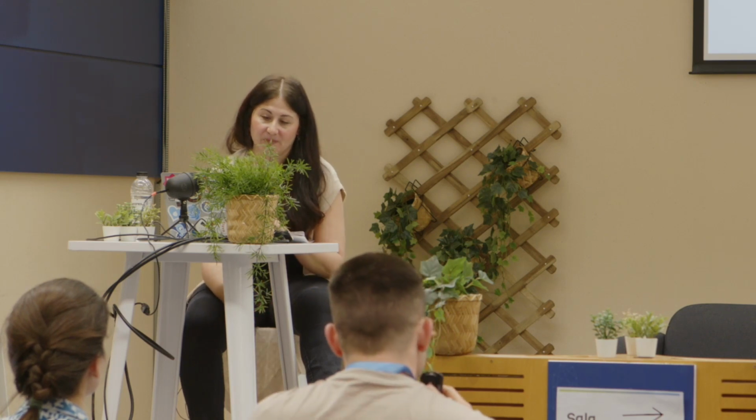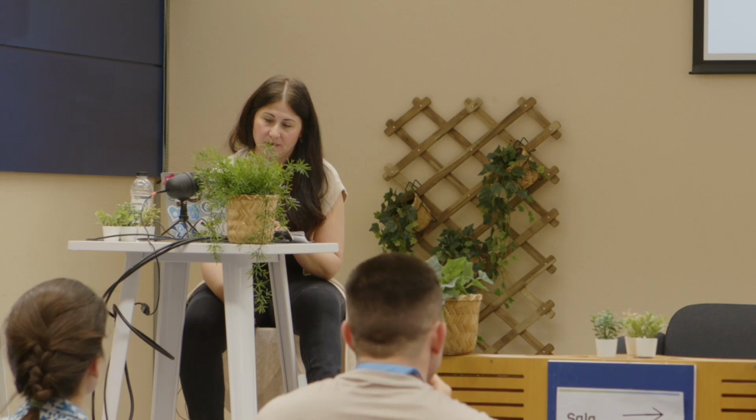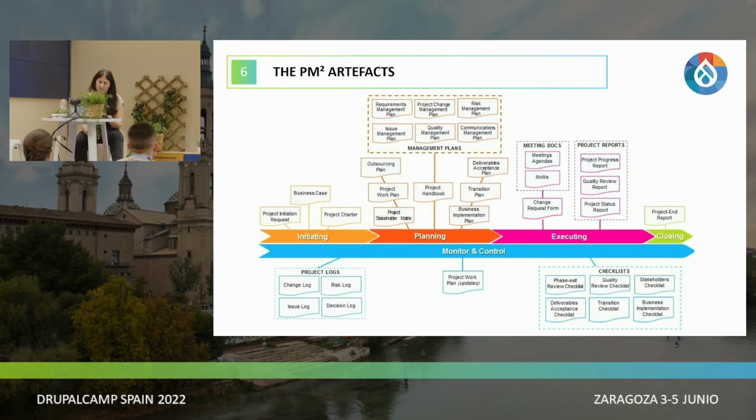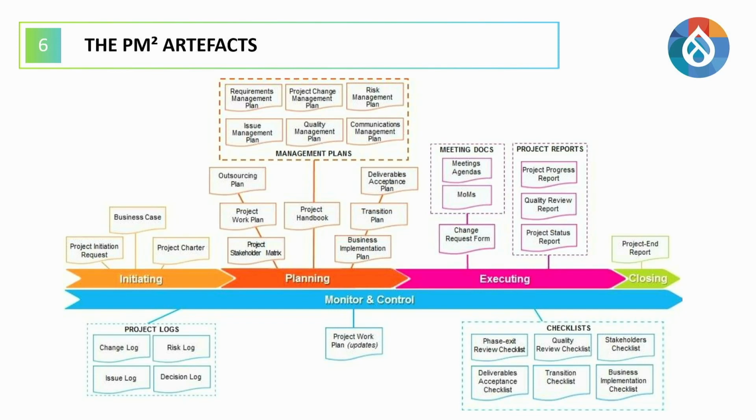That's why we have the change management plan with the change log and the change request form. Where's that? Sorry, I can't see it. Project change management plan in the planning, change form during the execution, because normally it's there where they start finding that they want to introduce changes or they forgot to ask for specific things, and we always keep a log in the change log in the monitoring.